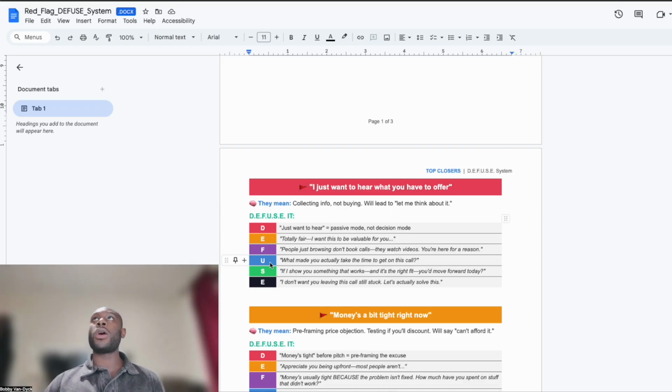This might require asking the question in a different way 6, 7 times, 5 times, 3 times, might be 1 time, but it doesn't matter how many times. You cannot move on until you uncover the true objection. Otherwise, you will get to the close and they're going to say, let me think about it. Once you do uncover it, you then say, if I show you something that works and it fits right, would you move forward today?